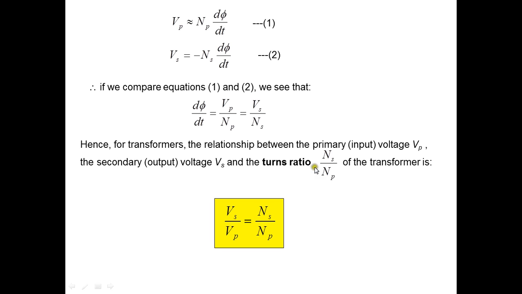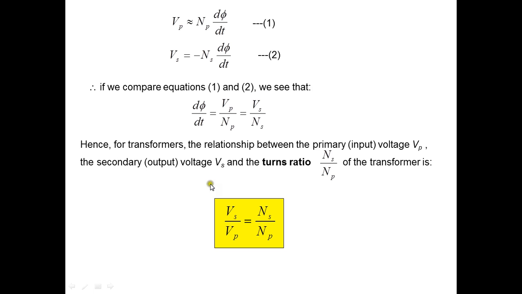We see that the turns ratio, which is strictly the number of coils on the secondary side over the number of coils on the primary side, is related to the potentials in this manner, which is to say the potential on the secondary side is higher compared to the primary side when there are more coils on the secondary side compared to the primary side.